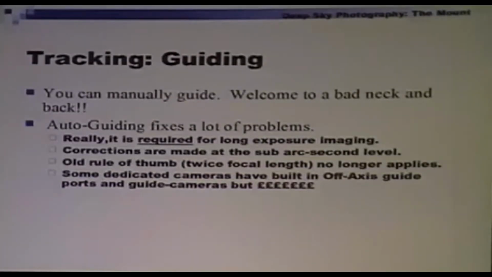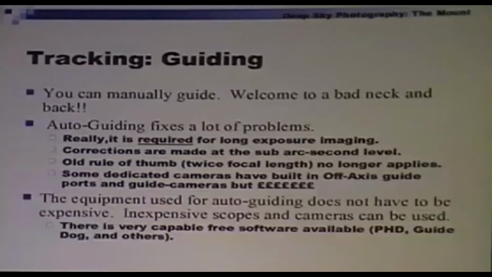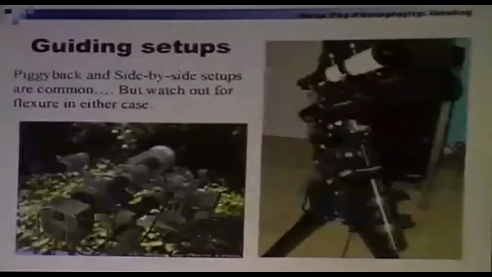Some cameras have dedicated off-axis guide ports in them, but again you pay megabucks for them, so if you want to go that way, that's fine. It doesn't have to be expensive. As I said, this is a little telescope and it works perfectly well, and I mentioned PHD. There are others. Guide Dog is another one, but PHD I'd recommend. I think it's in version 2 point something now, free, works very well.